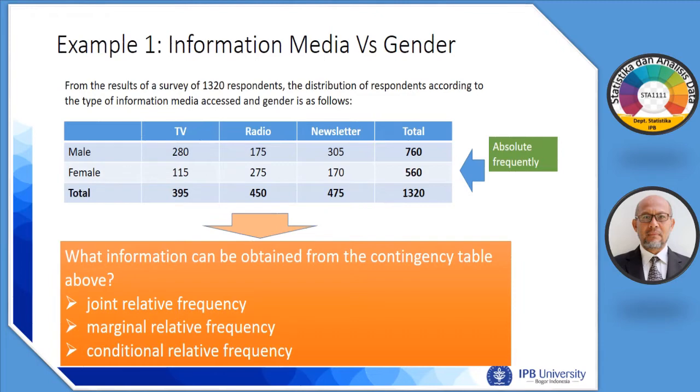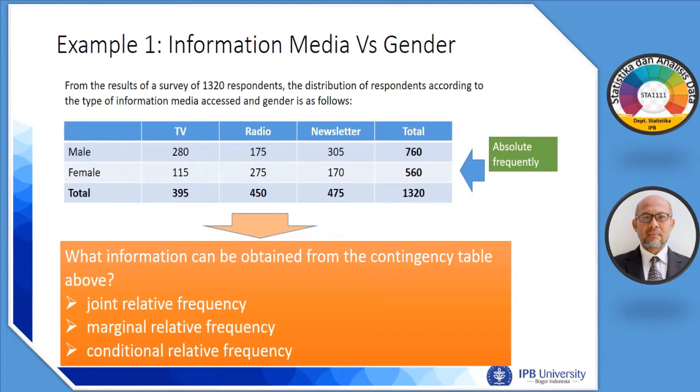Okay, back to example 1. Two variables, information media versus gender. For example, the result of a survey of 1,320 respondents, the distribution of respondents according to the type of information media access and gender is as follows. Look at the table, yeah?